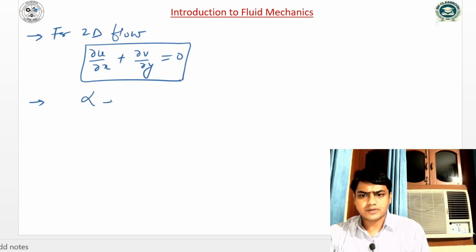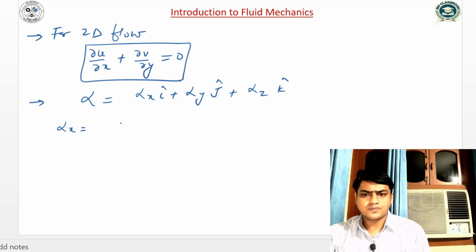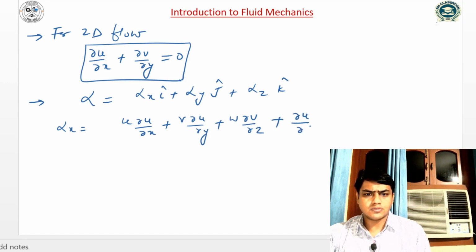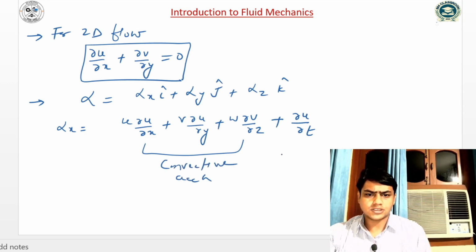Acceleration alpha can be written as alpha x i plus alpha y j plus alpha z k, where alpha x is equal to u del u by del x plus v del u by del y plus w into del u by del z plus del u by del t. This part is called convective acceleration, and this is local acceleration.